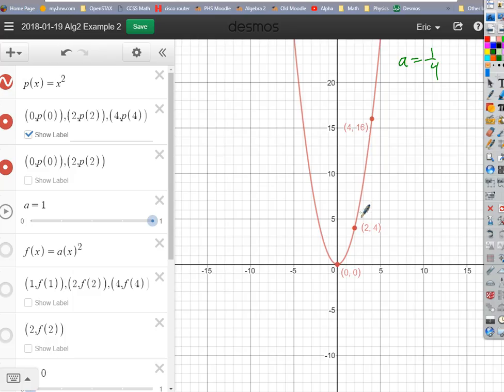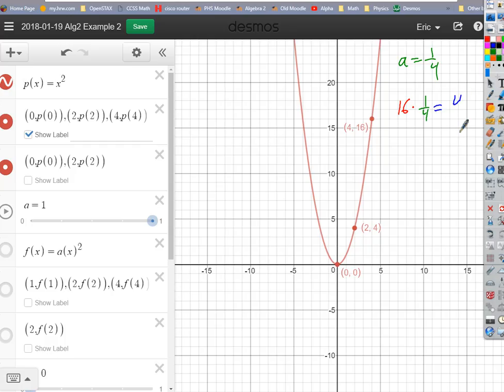So what would happen if I multiplied this y value by 1/4? What would I get? Go down to 4, right? I'm always going to multiply the parent y values. So 16 times 1/4 should equal 4.